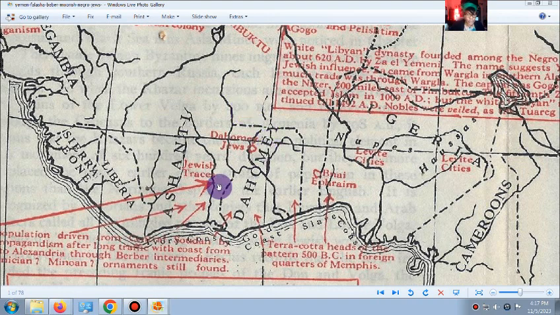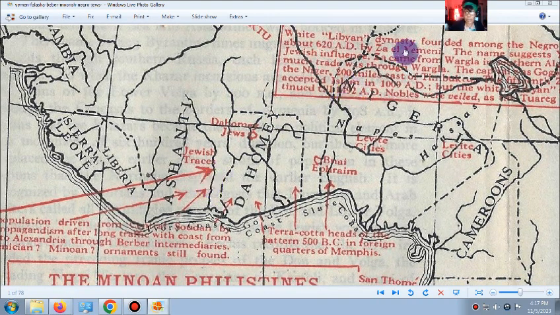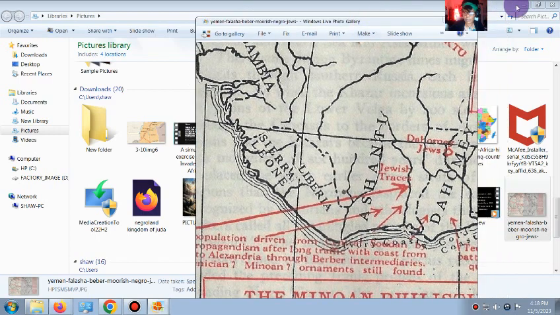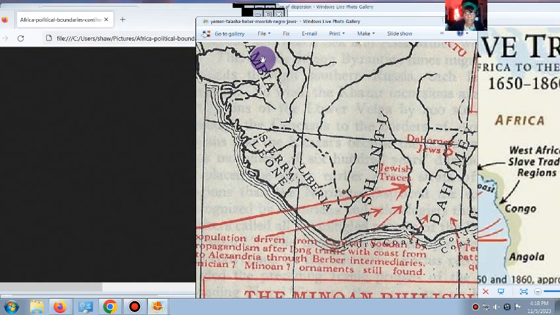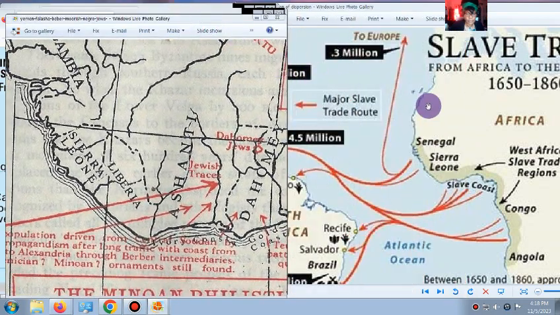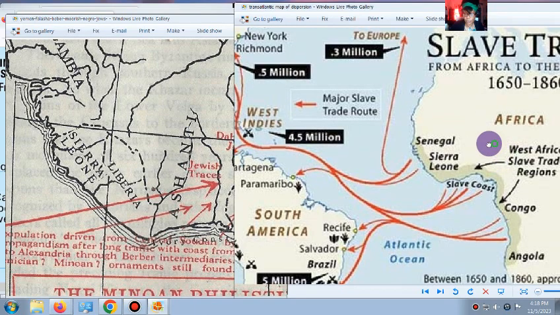Then it goes on to show here that they took them from the Gold Coast. Let's look at the other map here. Let me make sure that I don't get rid of something I'm not supposed to get rid of. So let's look at this again. They took them from West Africa.